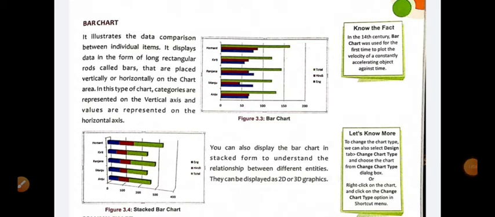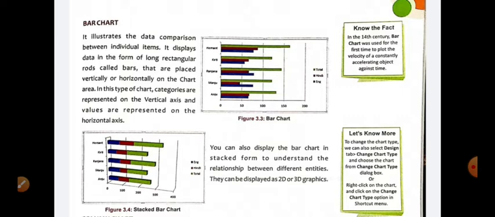The first chart of your course is bar chart. Bar chart illustrates the data comparison between individual items. It displays bars placed vertically or horizontally on the chart area. In this type of chart, categories are represented on the vertical axis and values are represented on the horizontal axis.